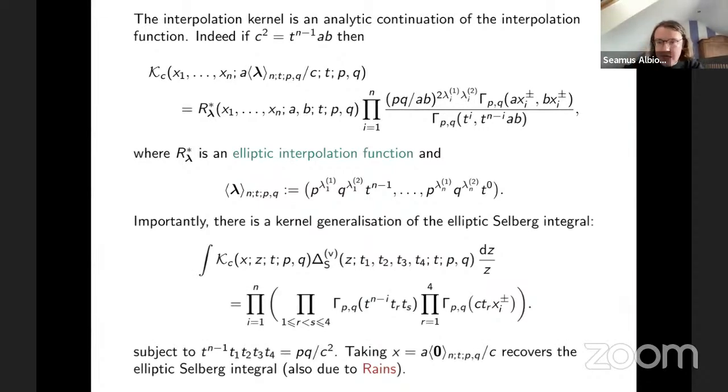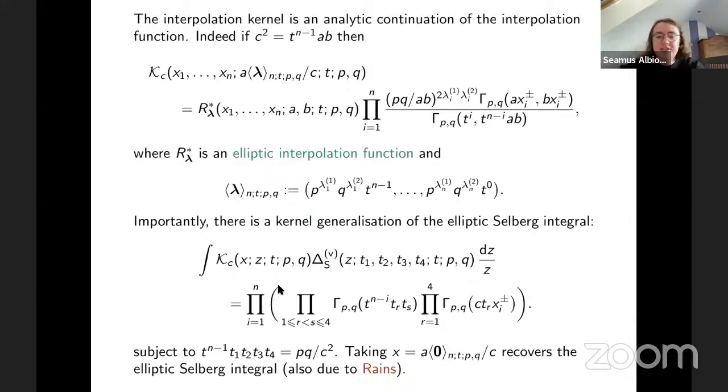And one of the key results that we use is that if you take this kernel and you integrate it against the Selberg density, where you just have T1, T2, T3, T4, so just 4 parameters, and T5, T6 will be A and B, essentially, if you take some specialization here, because you have a free alphabet X. Anyway, whatever. If you take this integral, this evaluates very nicely, subject to some balancing condition.